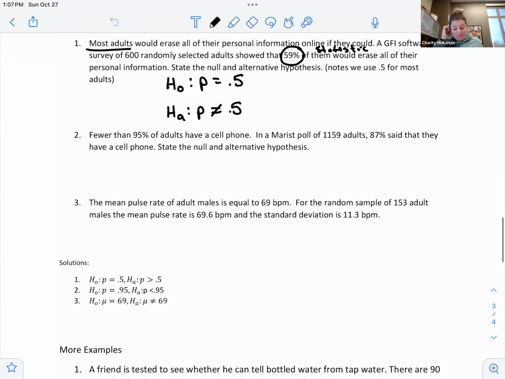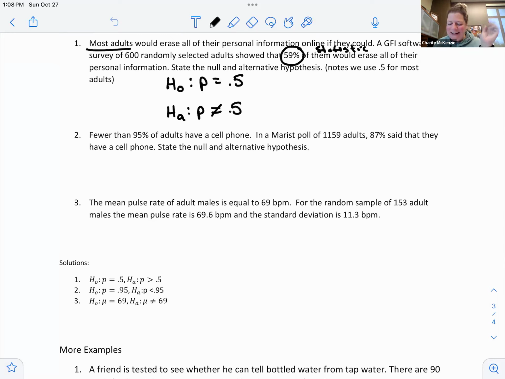Okay, so for problem 2: fewer than 95% of adults have a cell phone. That's funny. That is so bad statistics. I think it meant to say a smart cell phone and it was older information.